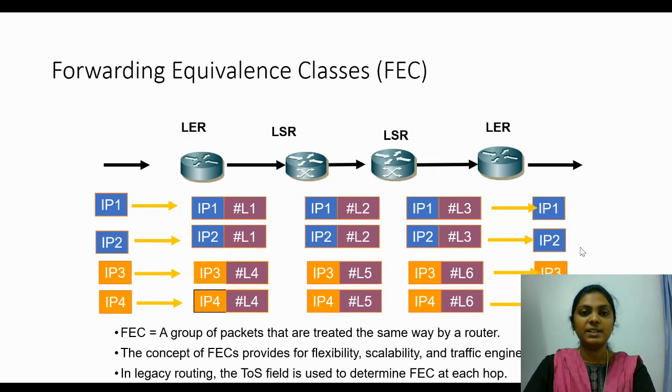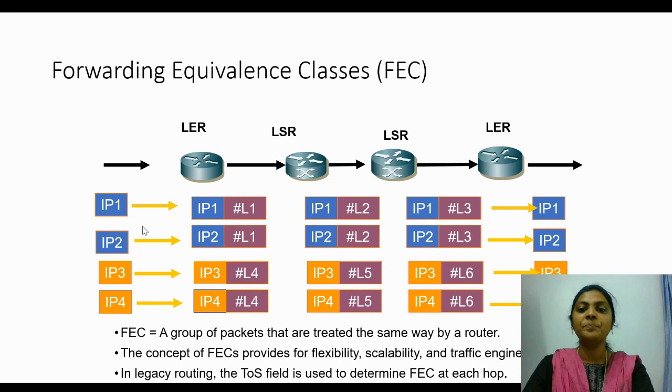This picture shows the forward equivalence class. Here is a good example. There are 4 IP packets coming to the ingress LER. There the LER attaches the label L1 for the first packet. Based on the characteristics, the assumption is that packets 1 and 2 belong to the same group and packets 3 and 4 belong to the same group.